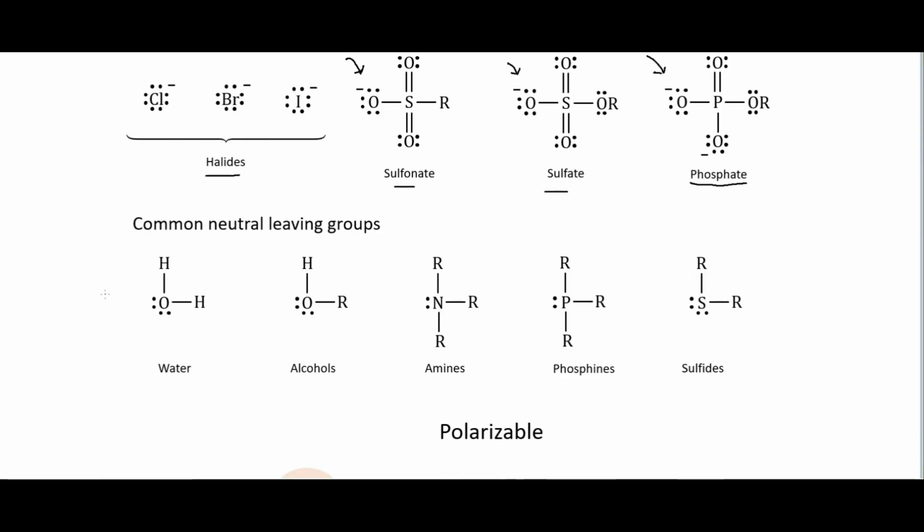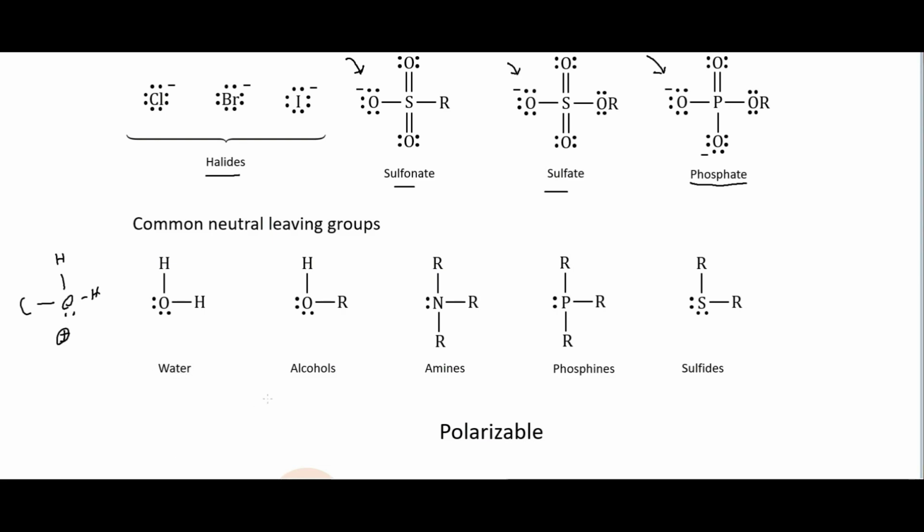These are some common neutral leaving groups, and when these are bound, they are actually going to have positive charges. So we have our carbon here, then the leaving group, like the water here, would actually be positive. But these are the leaving groups after they have left.